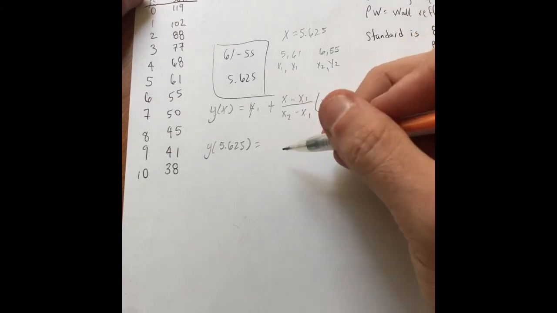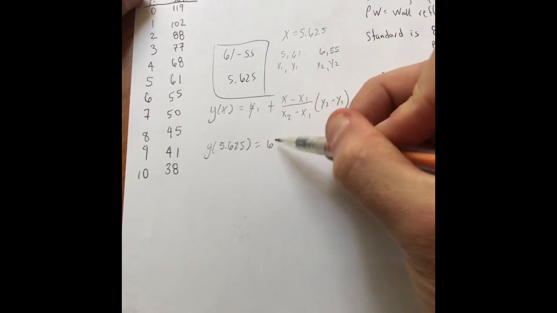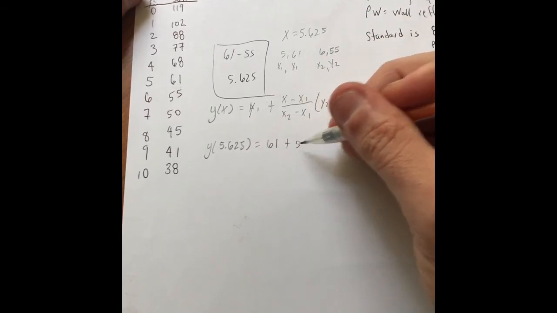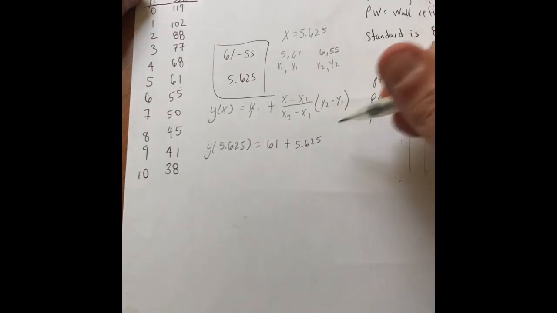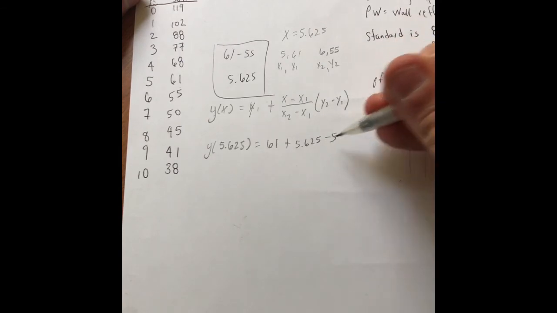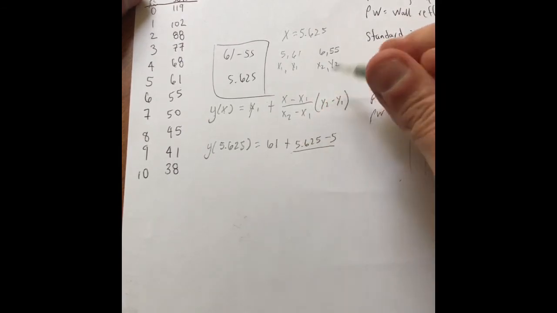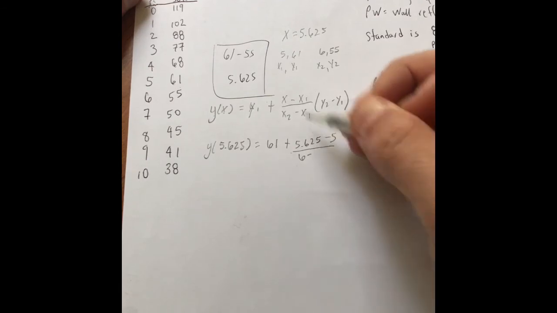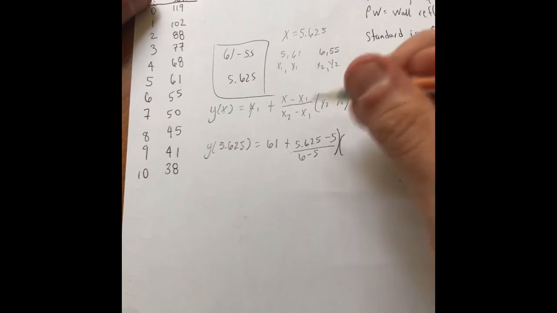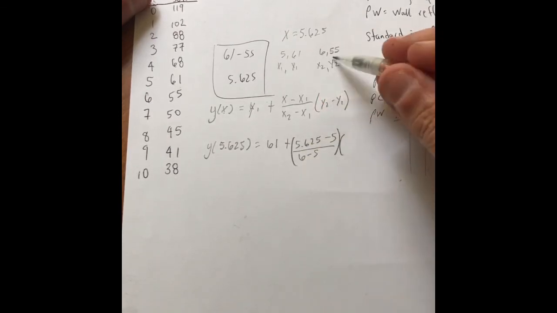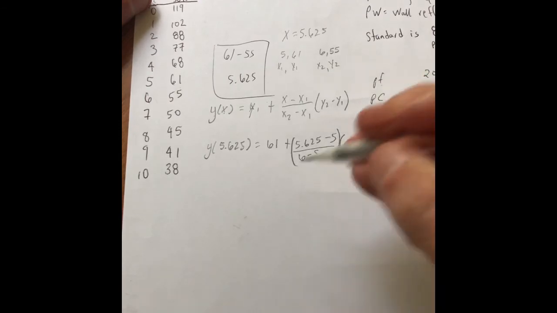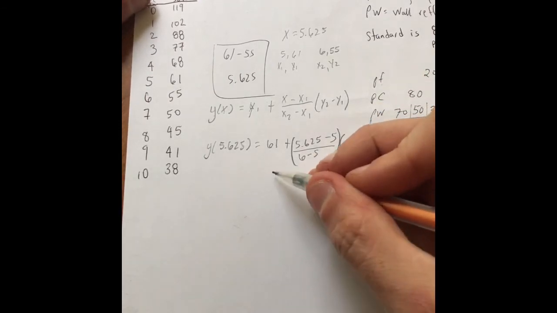So then we look at y1, that's 61, plus x, 5.625, minus x1, 5, over x2, which is 6, minus 5, and then times, so this all gets multiplied, y2, which is 55, minus 61. Let's simplify this a little bit.